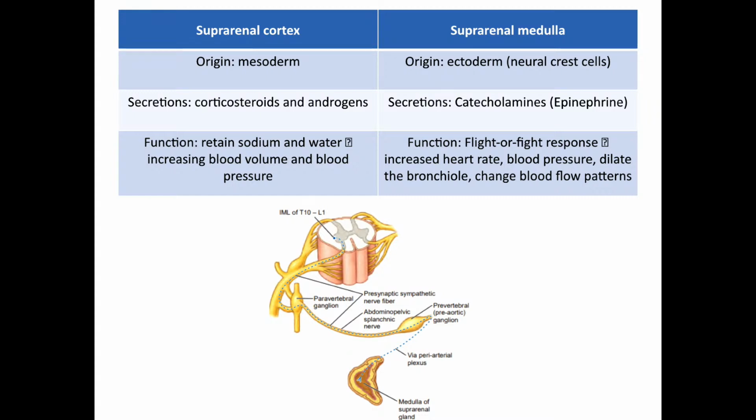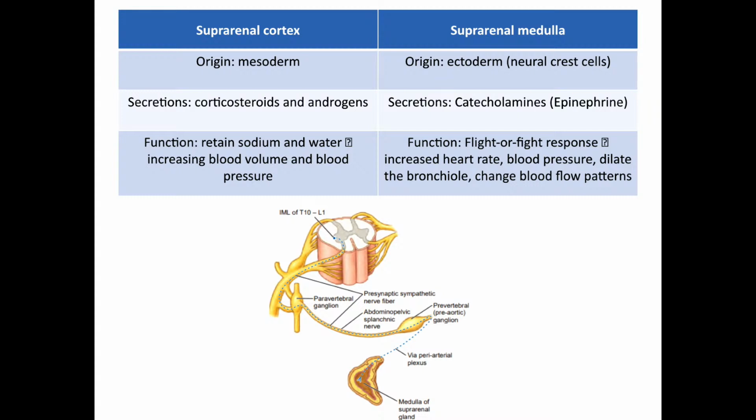The idea of the suprarenal gland is that it has different embryological origins, and this is really crucial for our nervous system because they have a similar origin, and we will discuss how the impulses are going there. The suprarenal cortex is created from the mesoderm, and it secretes mostly corticosteroids and androgens.